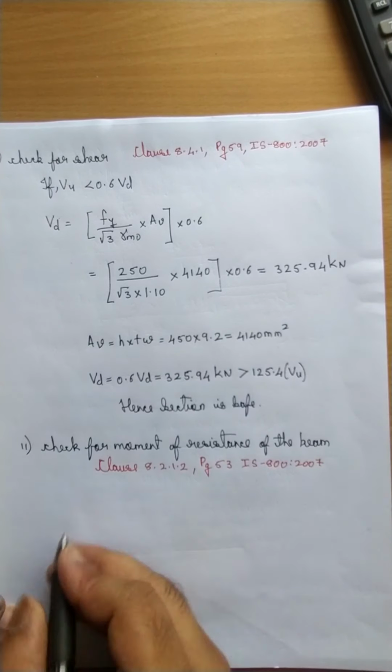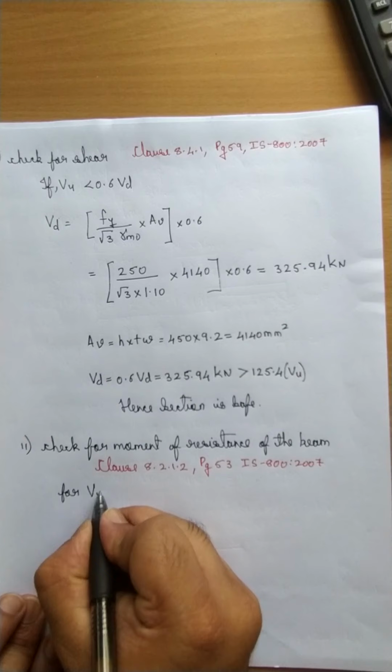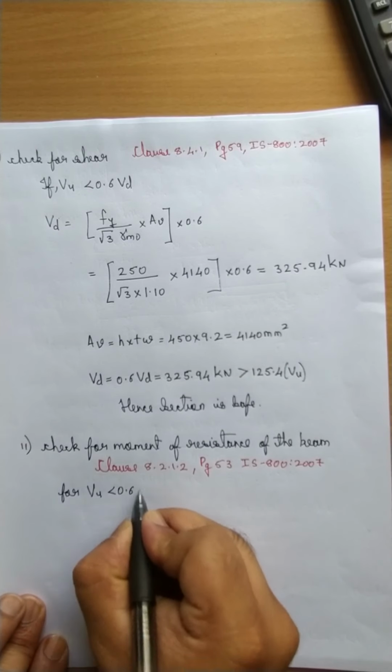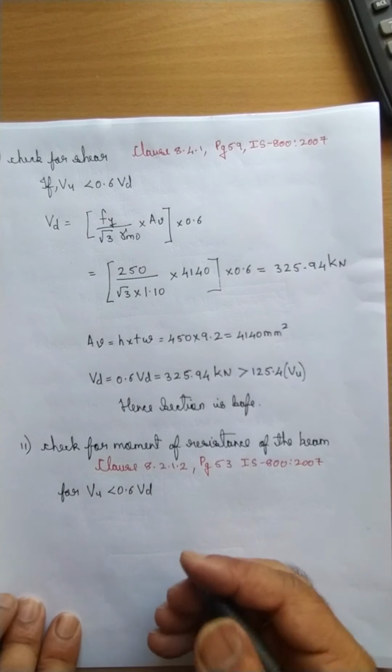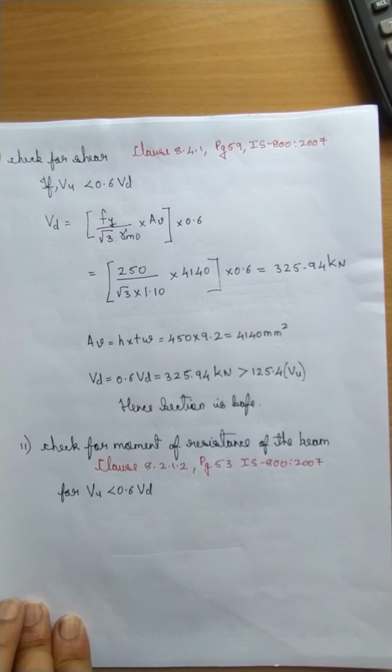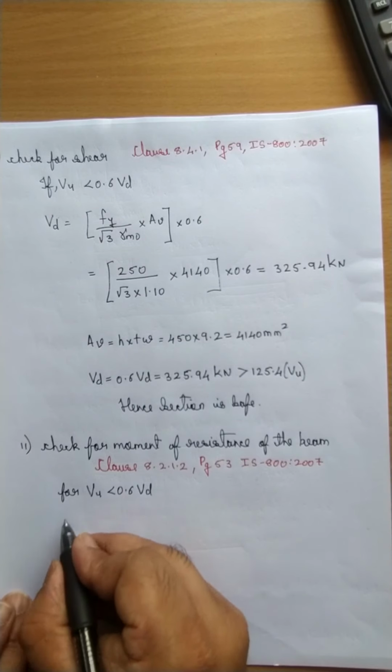As our case is 1, so for VU less than 0.6 VD, we will compute the strength. But before that, let us check whether the classification is there or not.